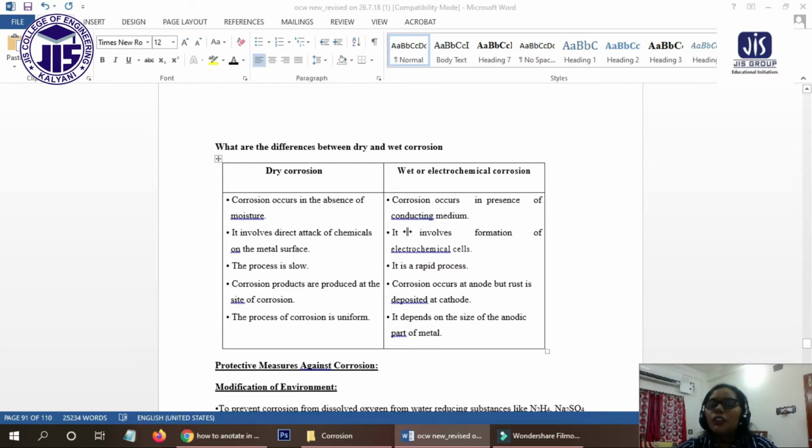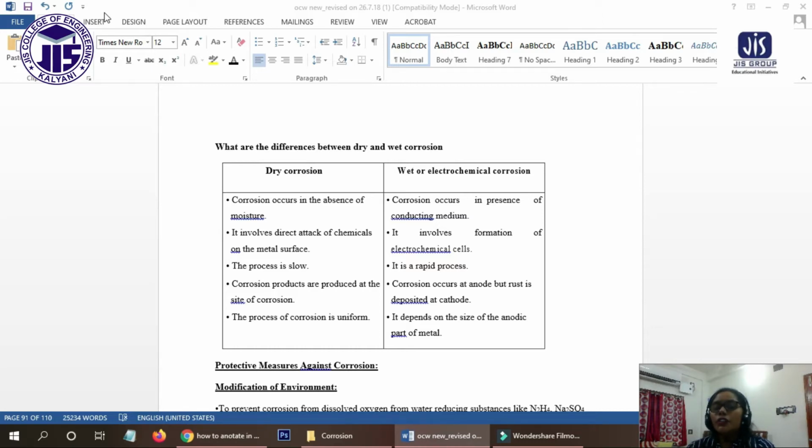Dry corrosion is a very slow process and wet corrosion is a rapid process. Corrosion products are produced at the site of corrosion, and corrosion occurs at the anode, but rust is deposited at the cathode.